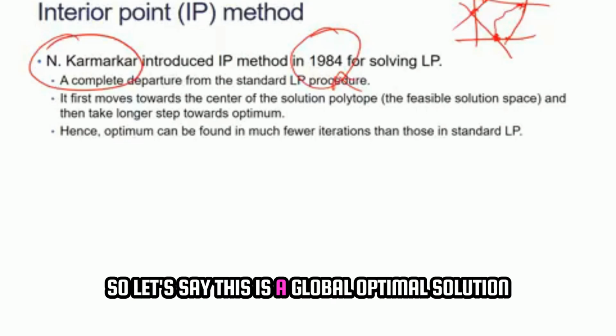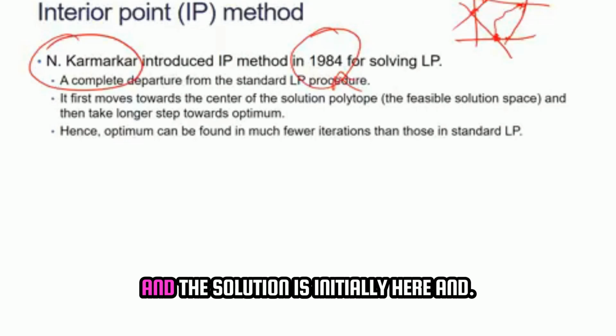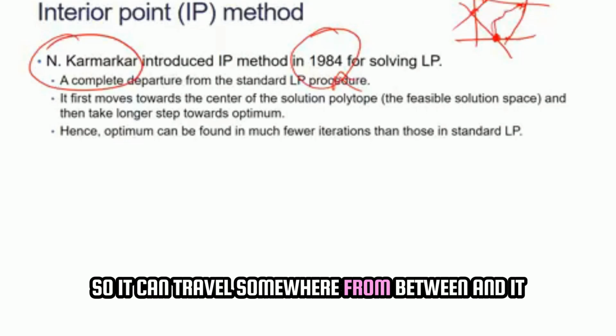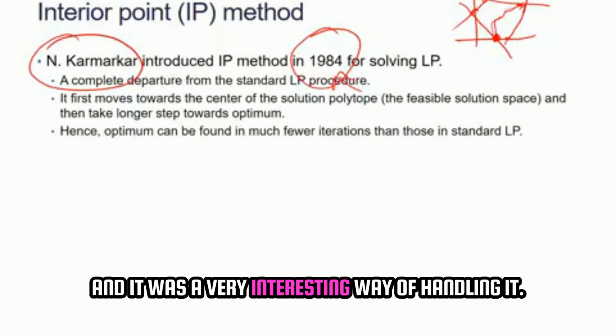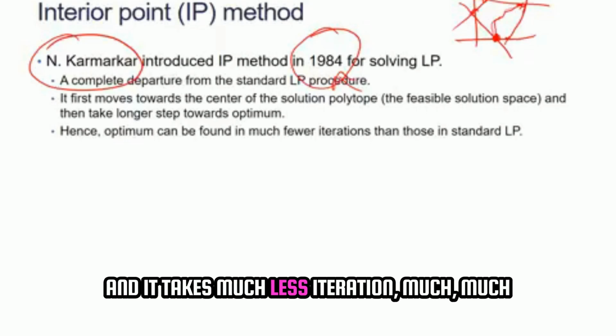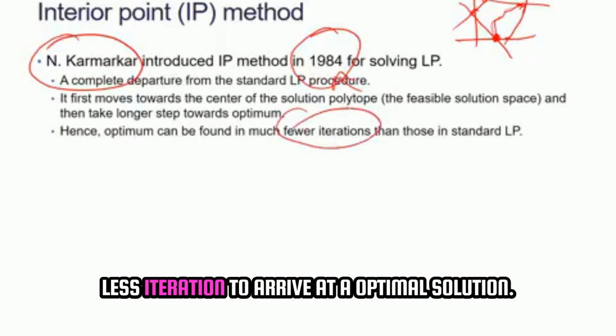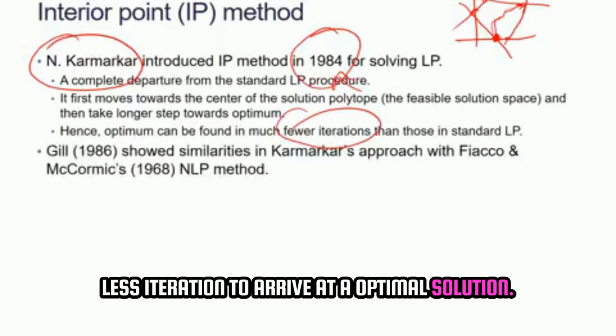So let's say this is the global optimal solution and the initial guess is somewhere here. It can travel through the interior and reach the global optimal solution. It was a very interesting way of handling it, and it takes much fewer iterations to arrive at an optimal solution.